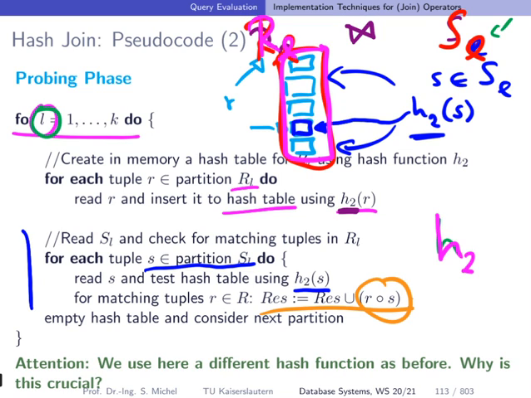So we want to join RL with SL. And then we could also apply some different algorithm, for instance, a nested loop join on RL and SL. But hashing is usually more effective, and in this case we also require a join which is an equi-join in order to make this work. And then, of course, the natural choice would be to also use some hashing for the probing phase.